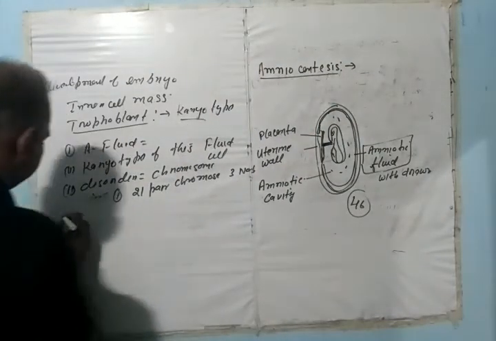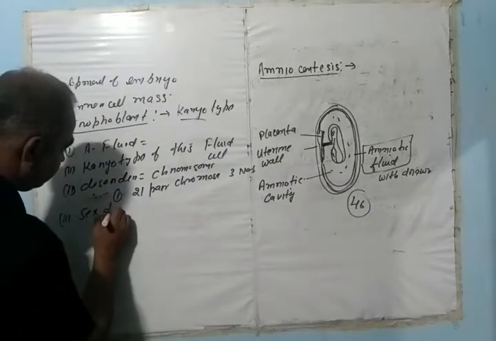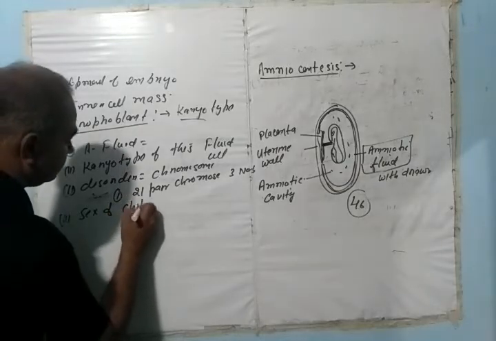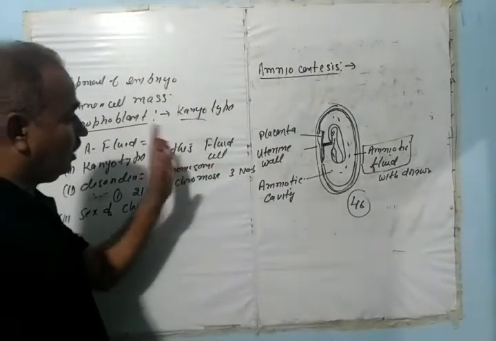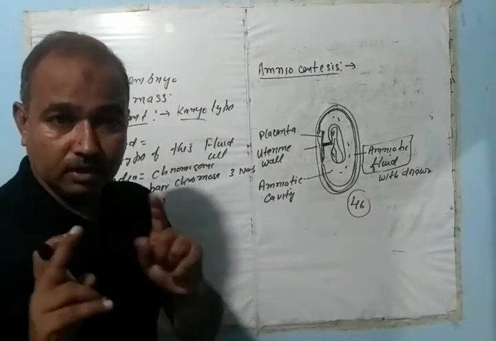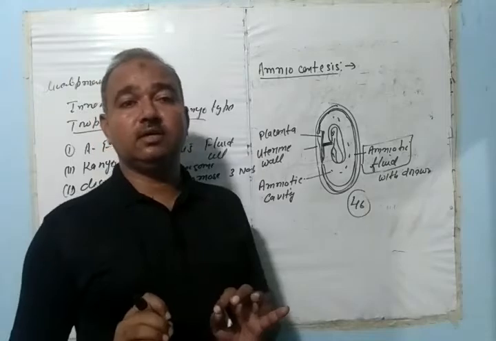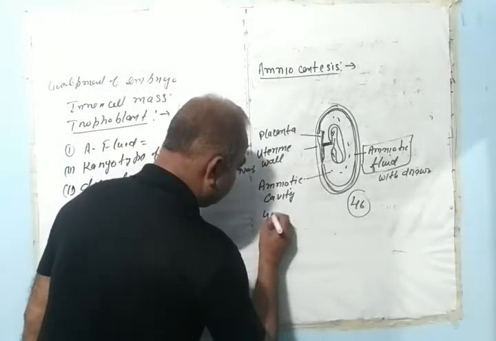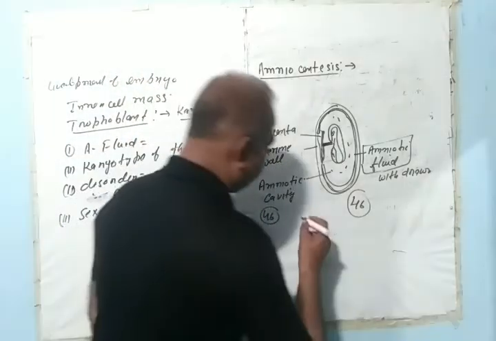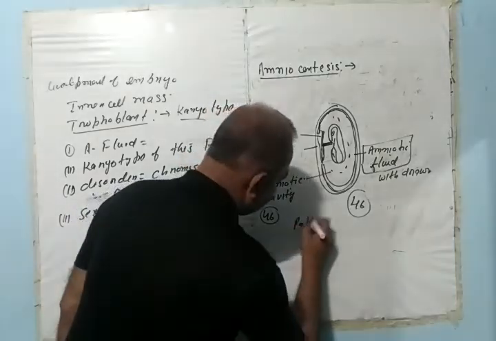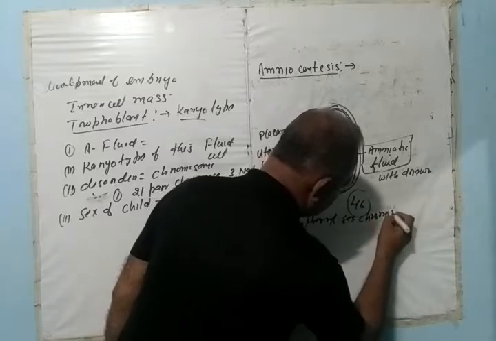Second, we can easily know the sex of the child if we culture the tissue and find out the karyotype, and the karyotype is the arrangement or clear-cut expression of all the 46 chromosomes. So if we know the karyotype, then we can find the pattern of the sex chromosomes.